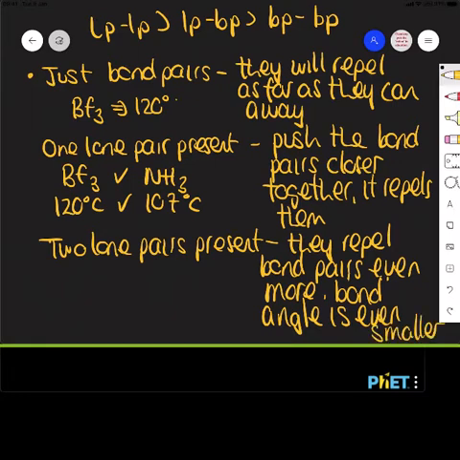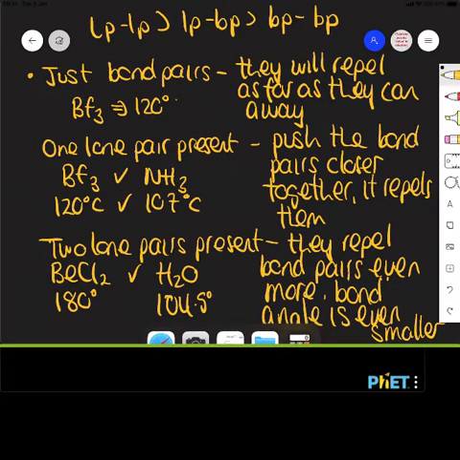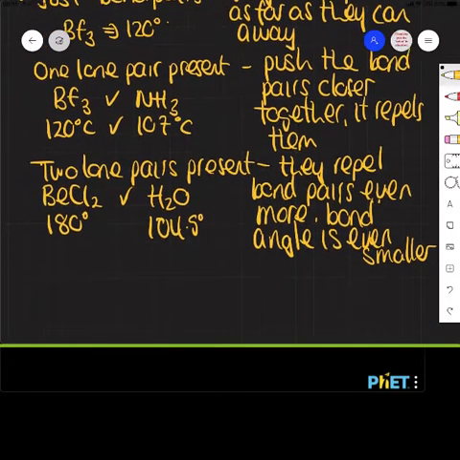So if you were to compare something like BeCl2 versus H2O, they both have two bond pairs. This one is 180 degrees, whereas this one is 104.5. So lone pairs really push each other down.